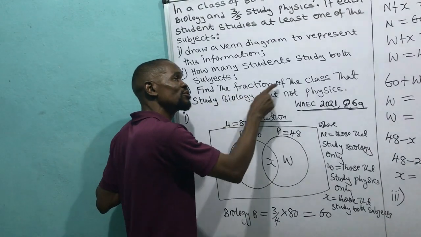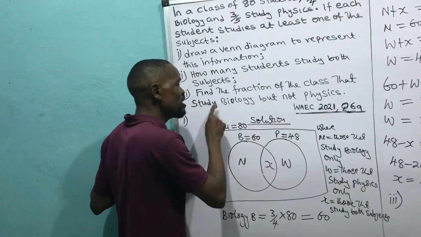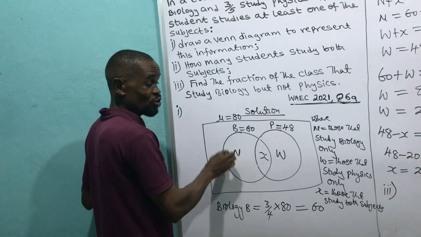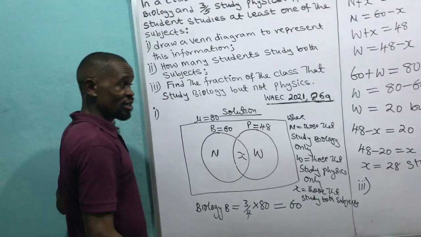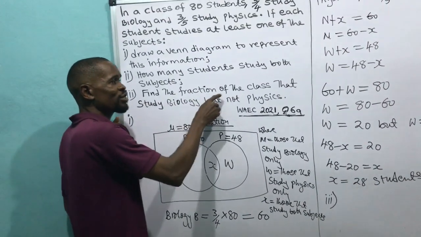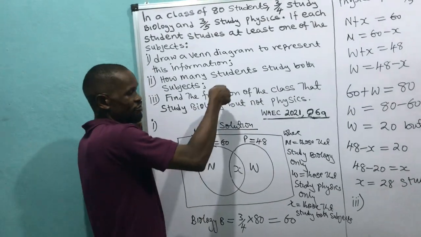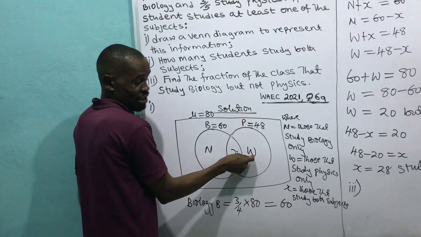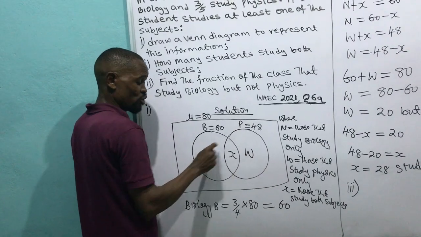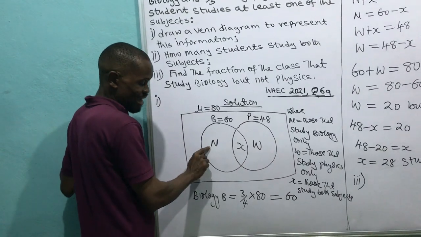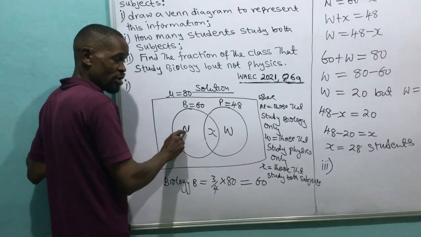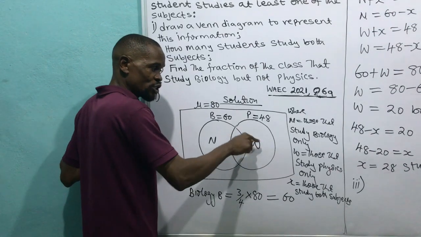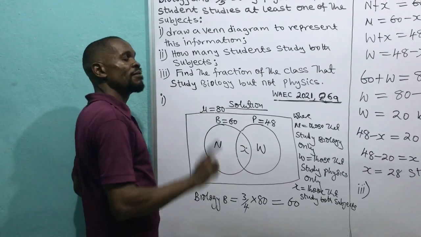Look at N. It's those that study biology but not physics. Assuming the question said, find the fraction of the class that study physics but not biology, look at W. N is those that study biology but not physics, while W is those that study physics but not biology.